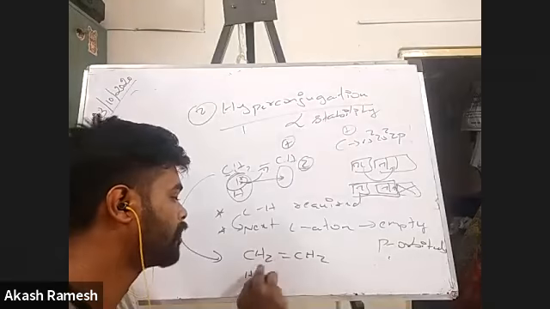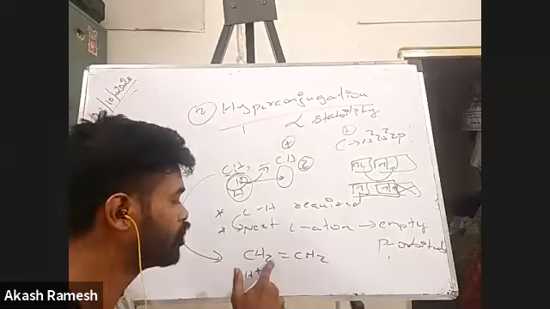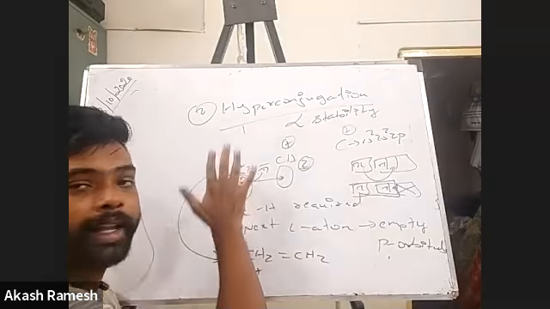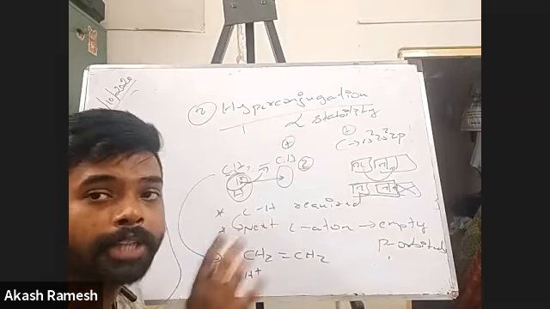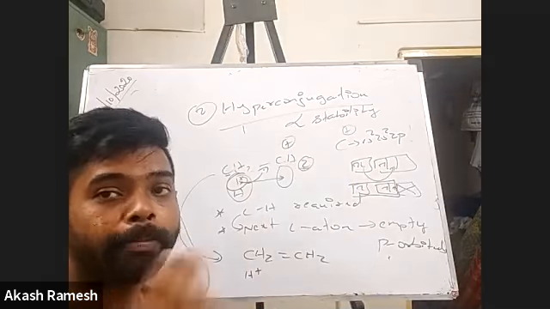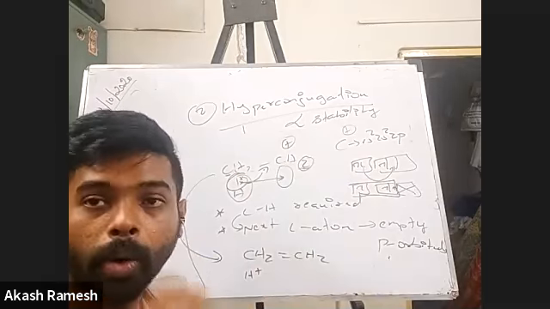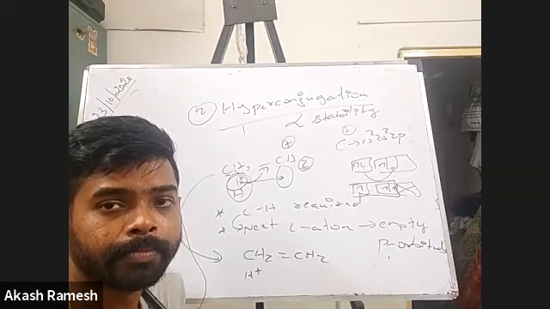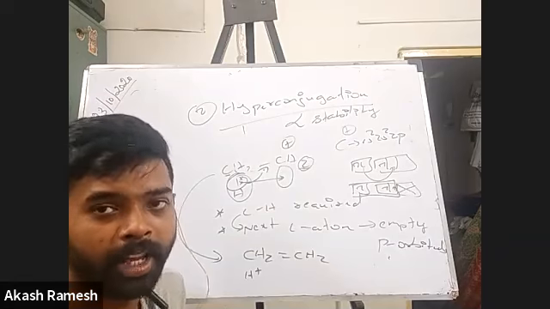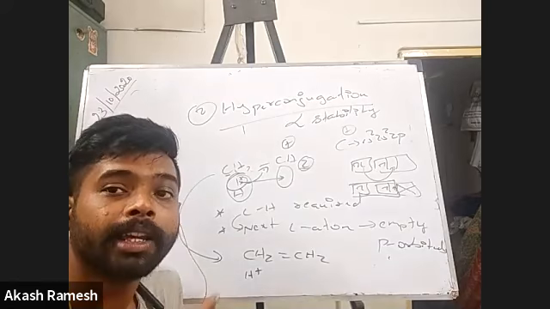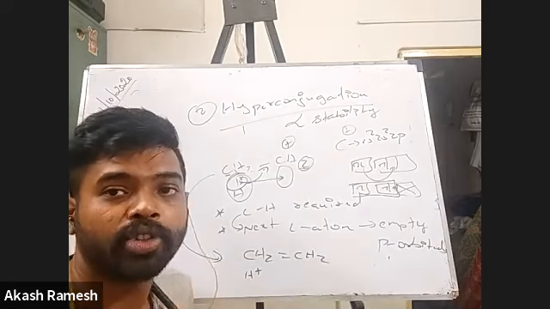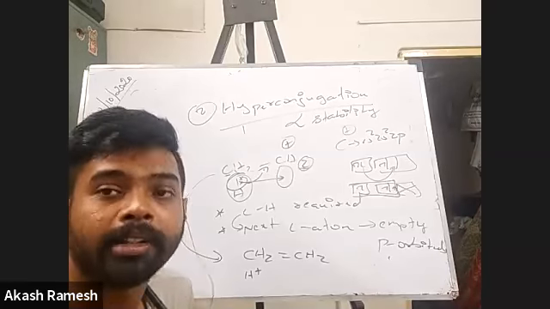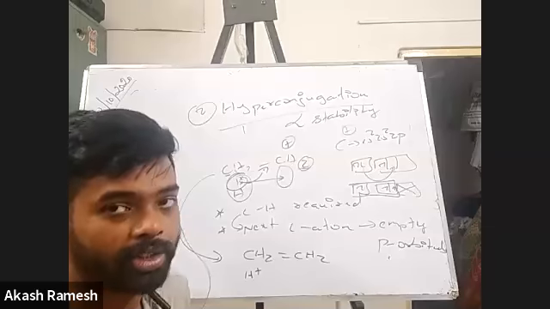So for this particular molecule, CH3CH2 plus, if someone asks how many hyperconjugating structures are possible, what will be your answer? Three. Yes, right? However many alpha hydrogens you have, that many hyperconjugating structures.